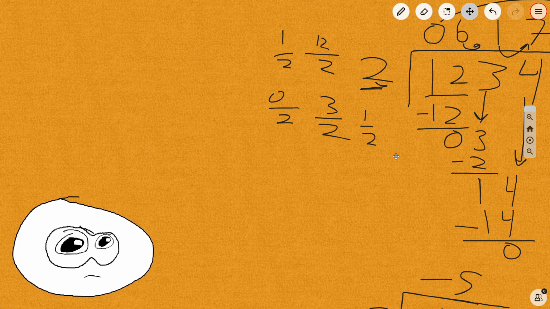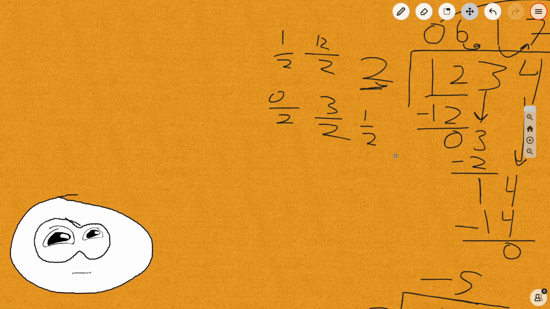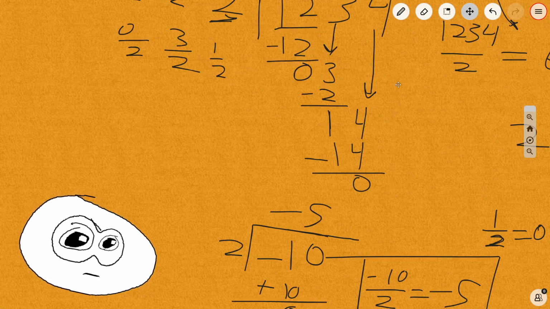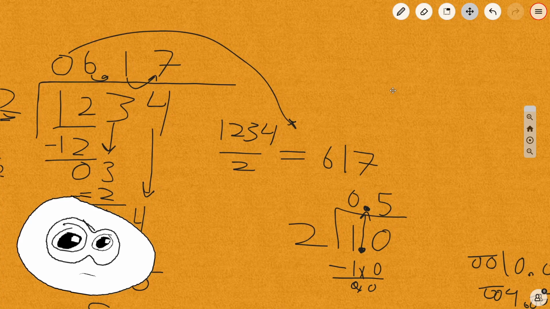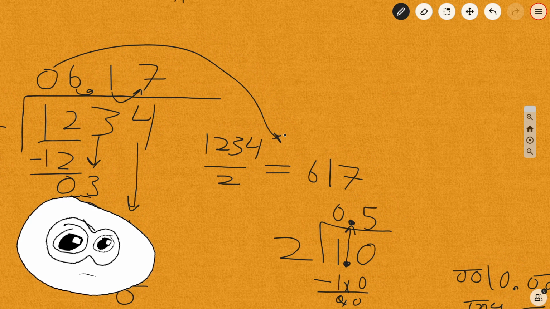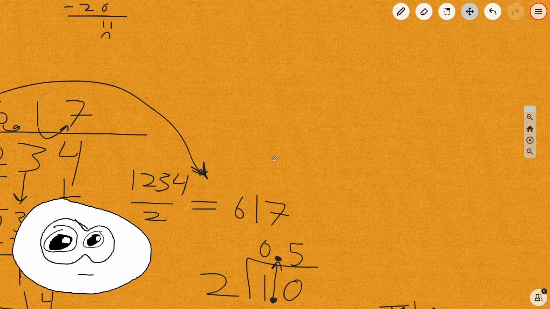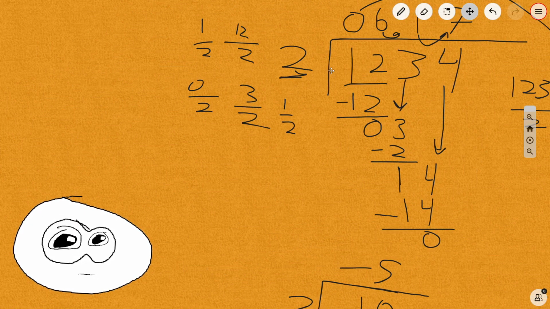What are some other weird edge cases with long division? How about... okay, let's try this one. These have all been single digits, right?